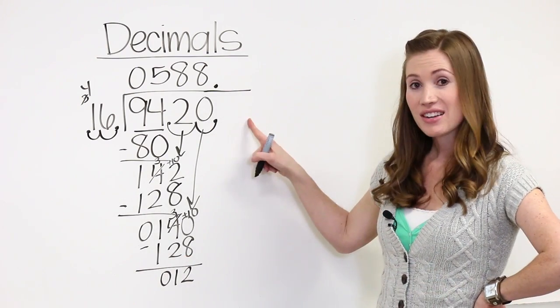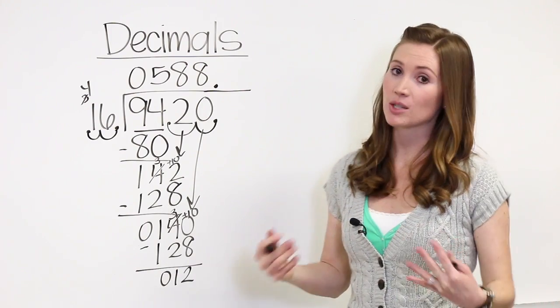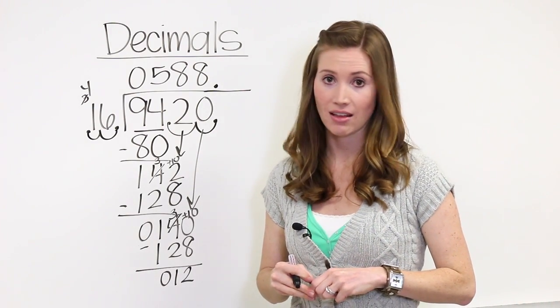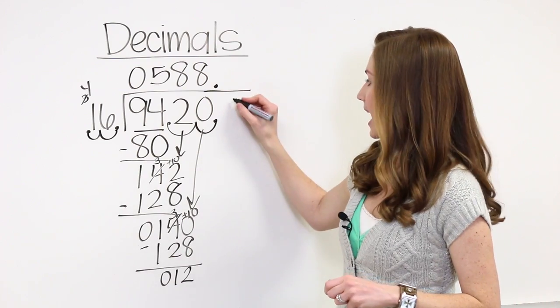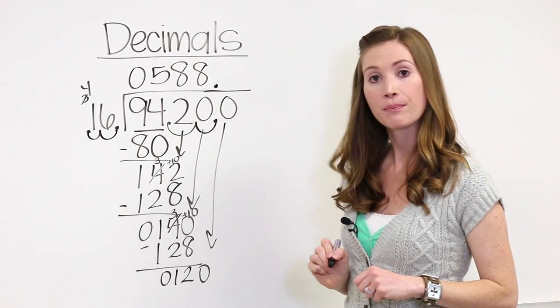Okay, so we're out of numbers, but we still have something remaining. And because we're dividing decimals, we shouldn't have anything left over. So we're going to have to add an additional 0 and continue working out the problem.